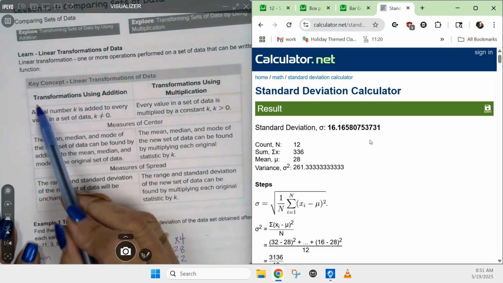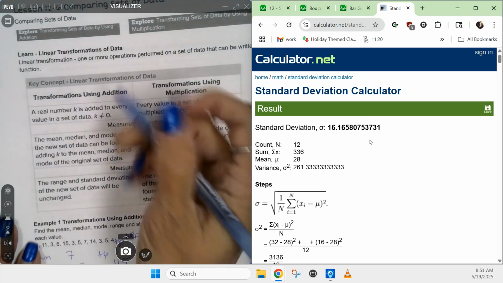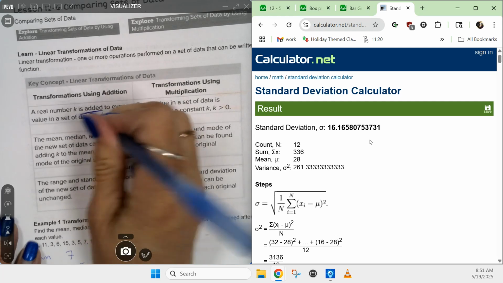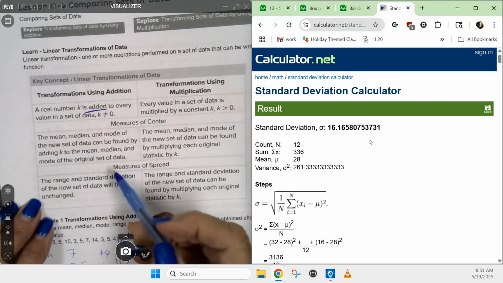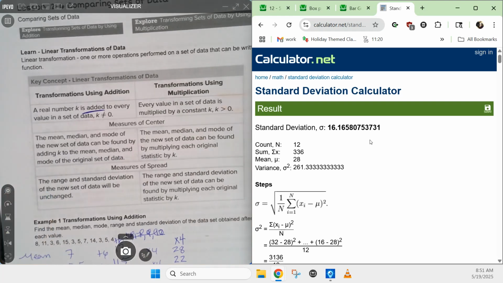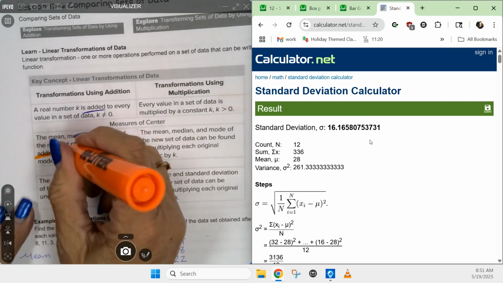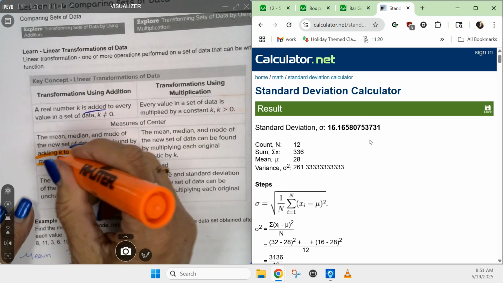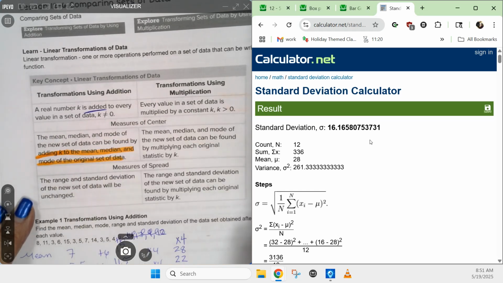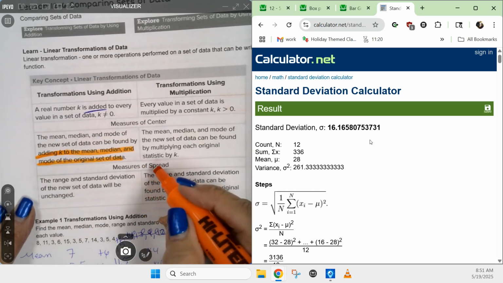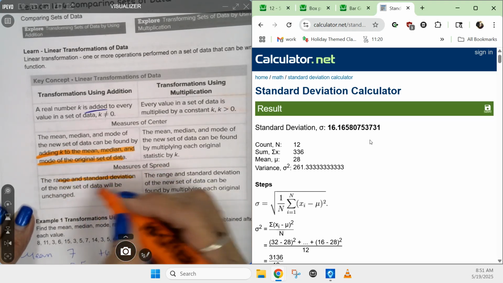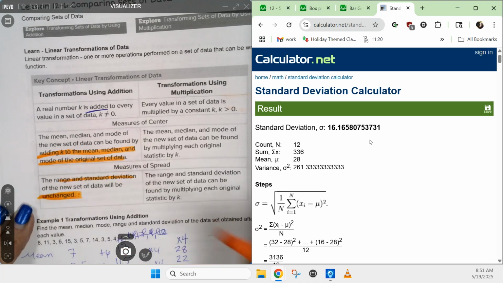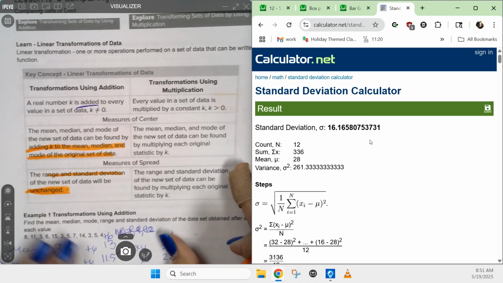So using addition, if you add, then what happens? The new set of data can be found by adding k to the mean, median, and mode of the original set. If we're talking about measure of spread, though, the range and the standard deviation of the new set will be unchanged. Nothing changes.